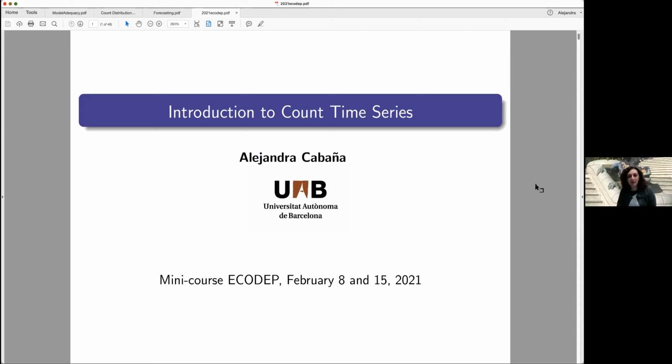I'm going to talk about count time series, which should be a very well-known subject, because since the publication of Box and Jenkins' book exactly 50 years ago, a lot has been said about time series.